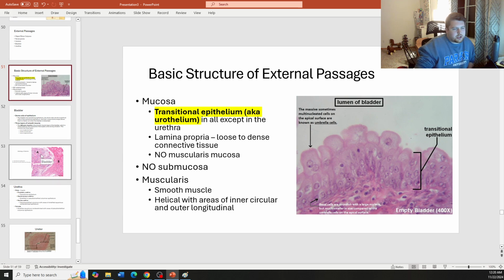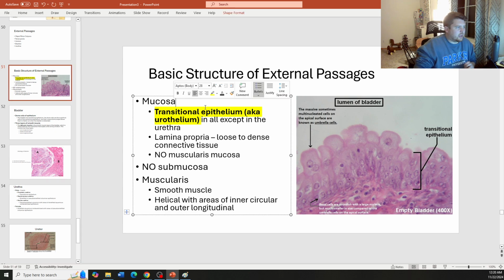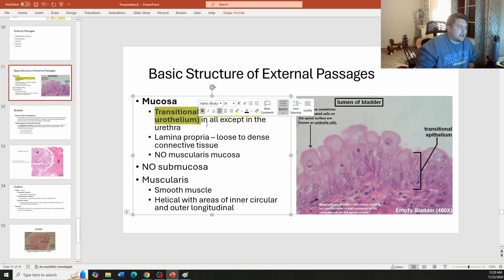So basic structure of all of this stuff is we have our mucosa layer, no submucosa layer, and then we have a muscular layer. All of these external passages, so from the major minor calyces to the bladder, everything except for the urethra has transitional epithelium.